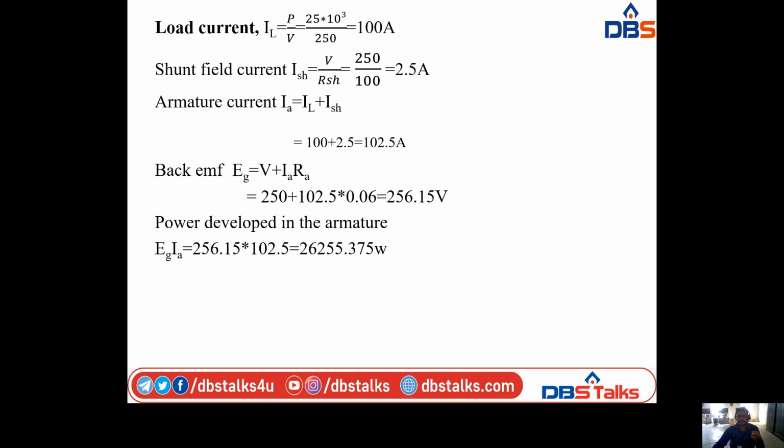For a DC generator, power developed in the armature P is equal to Eg into Ia. Here the generated EMF is 256.15 into armature current 102.5, which is equal to 26255.375 watts, that is 26.255 kilowatts. This is the power developed in the armature when running as a generator.